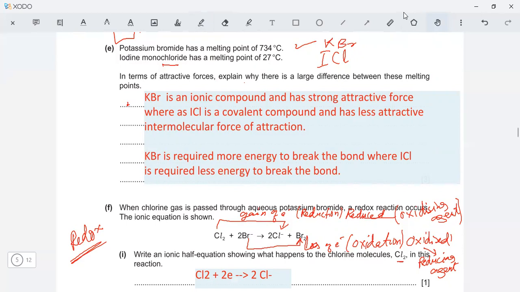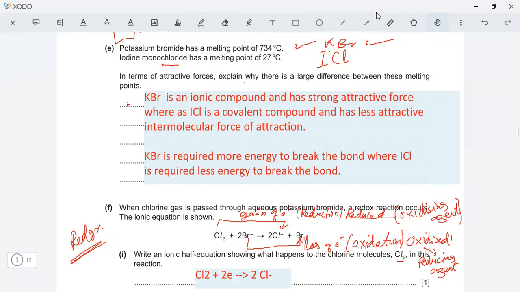It is already mentioned that there is a large gap between the melting points, right? We know that potassium bromide is an ionic compound. Potassium is a metal, bromine is a non-metal. So when there is a transfer of electrons, an ionic bond is formed.